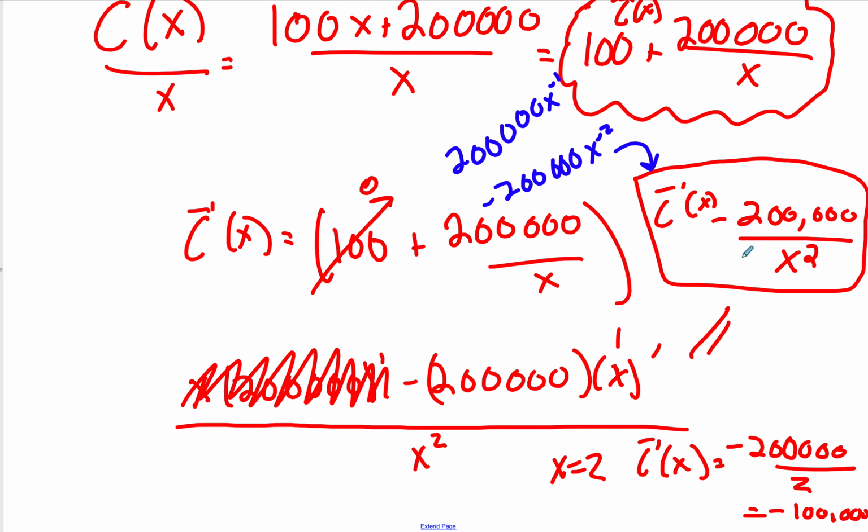So then actually this changes a lot of things. This will actually make this 4. So then it's decreasing by 50,000 at that point in time.